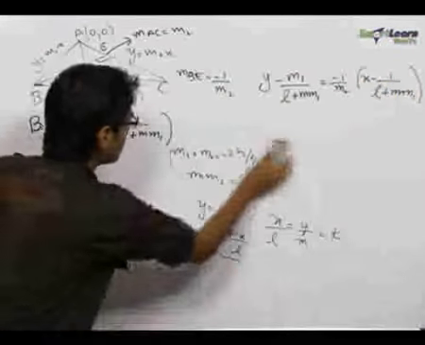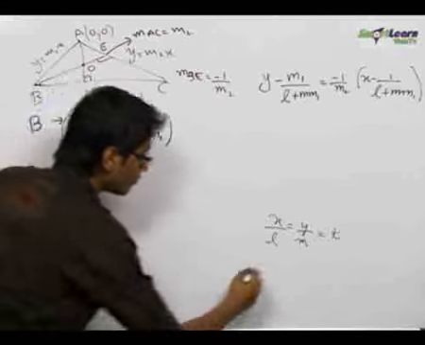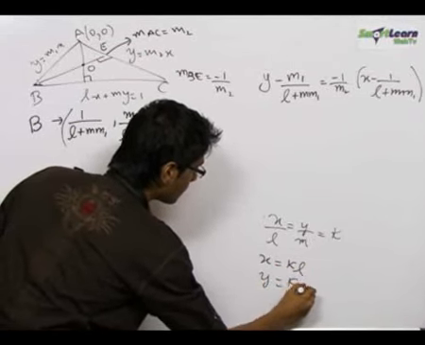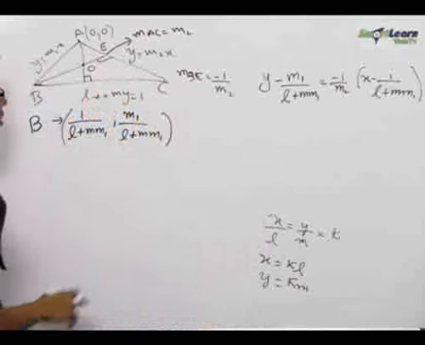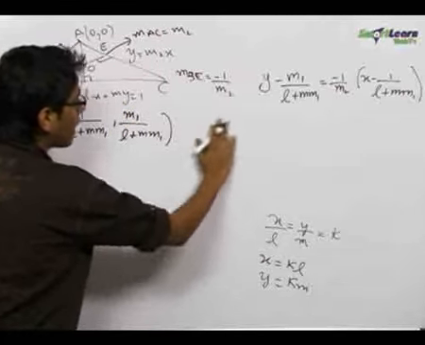Now we know that our orthocenter, which was given by x equals kL and y equals km, lies on the line BE, and this is the equation of line BE.